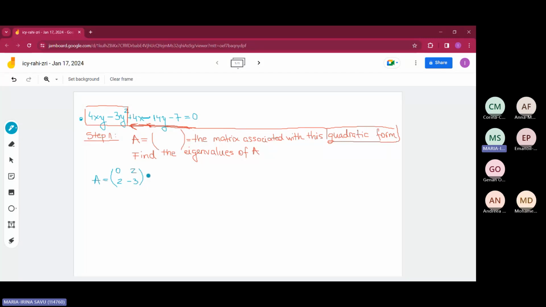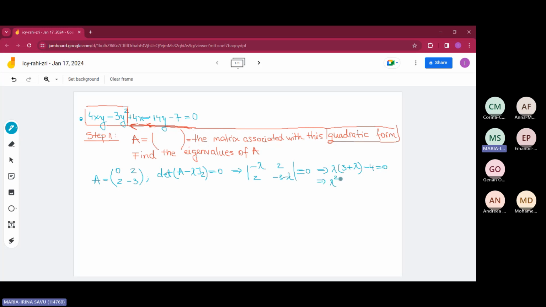Then we have to find the eigenvalues. Let's see how the eigenvalues look. We have the determinant of A minus lambda times I2 equals 0. So minus lambda times 2 minus 3 lambda is, so we have lambda times 3 plus lambda, minus 4 is 0.